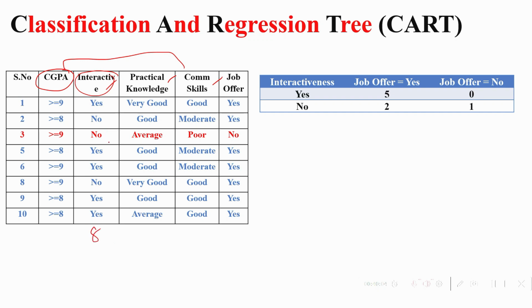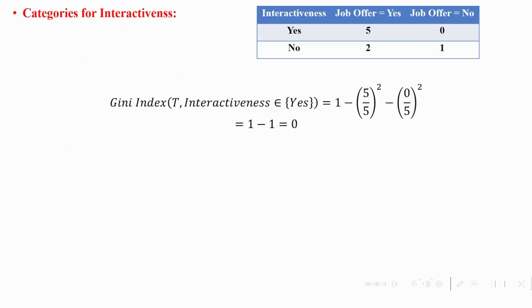Out of 8 elements, for interactiveness yes, 5 elements are yes and 0 are no. For interactiveness no, 2 are yes and 1 is no. So here interactiveness contains yes and no. Now for this we are going to find out the Gini index.